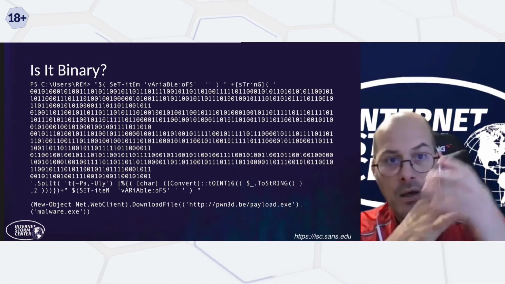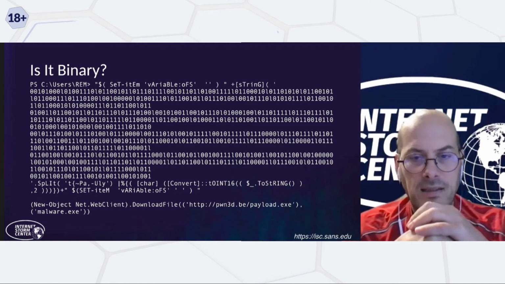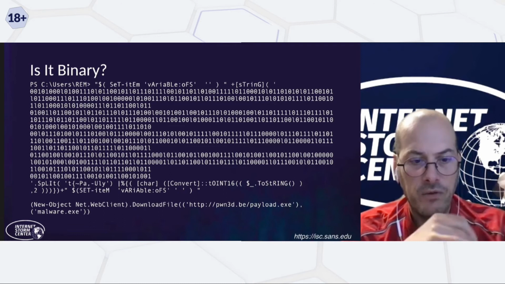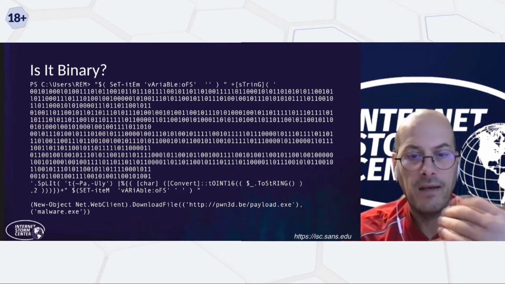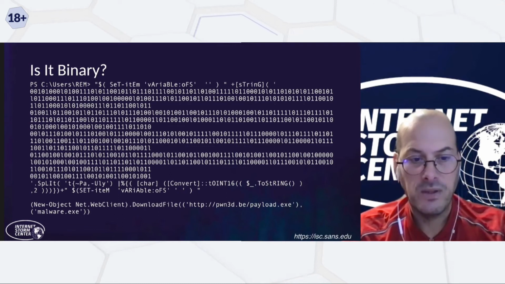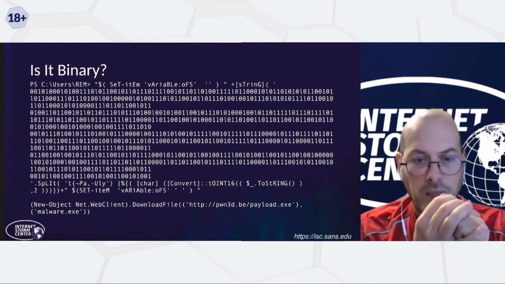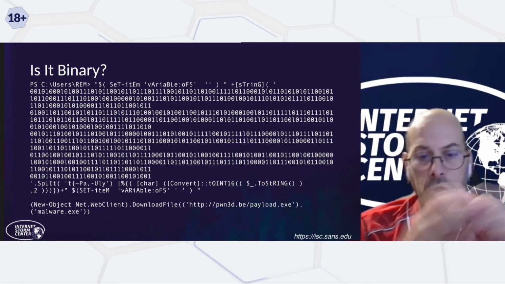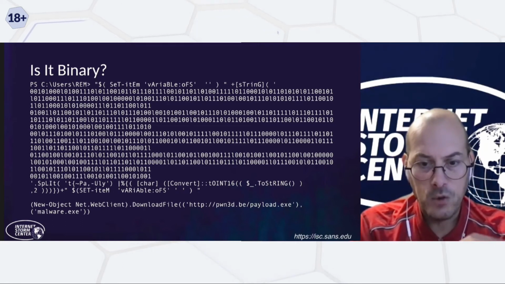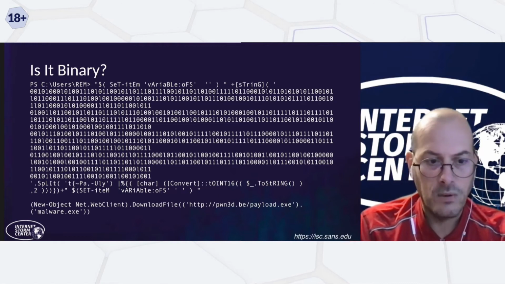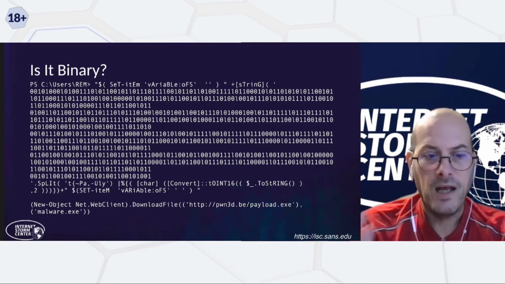So what you have on the top of the slide, deobfuscated, is the last line, which is new-object net.webclient downloadfile, once again, http pound.be, blah, blah. So if you pass this obfuscated string to an IEX, an Invoke Expression, it will download a file from a website and write the content of the HTTP request into the file malware.exe.